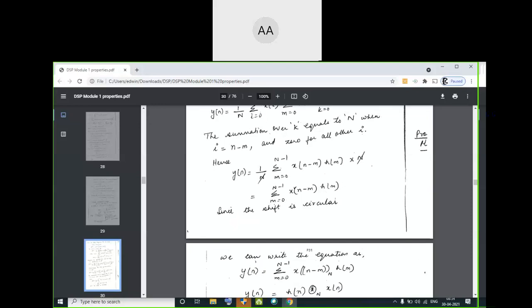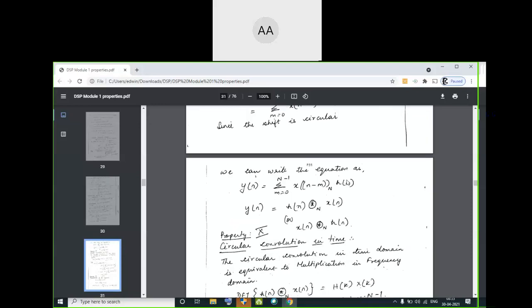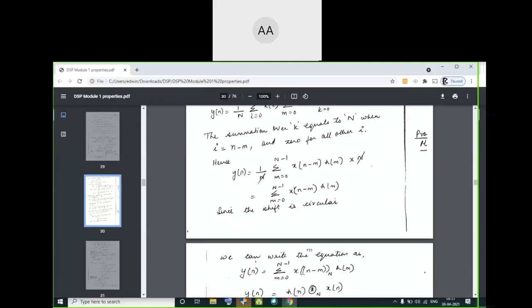Even if it doesn't strike immediately, if you look at the next steps, you will understand. You want to obtain this n minus m. Convolution is what? x of n minus m into h of m over a summation. The only difference here is it is a circular convolution. I'll show you exactly how to do it also. All right. So we'll concentrate on that also.